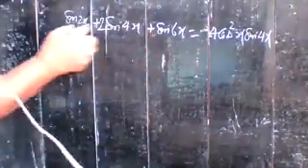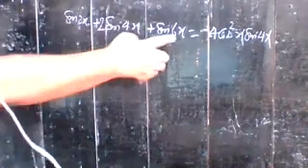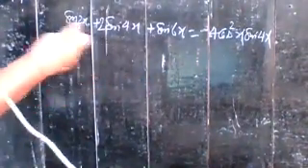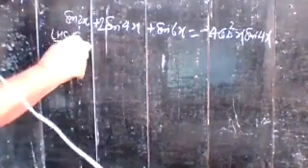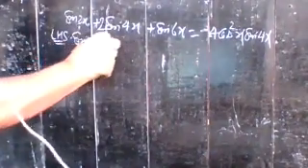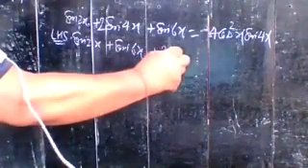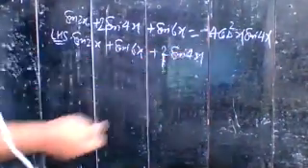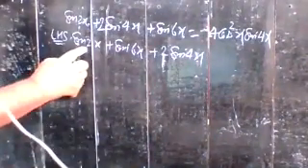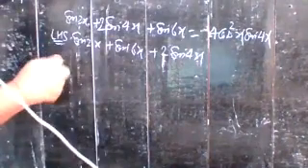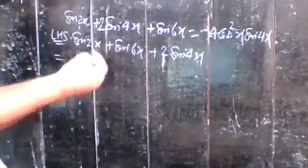First you apply that identity in the first and last terms, sine 2x plus sine 6x, plus 2 sine 4x. Now applying the identity of sine x plus sine y, what is that? 2 sine of x plus y by 2 cos of x minus y by 2.